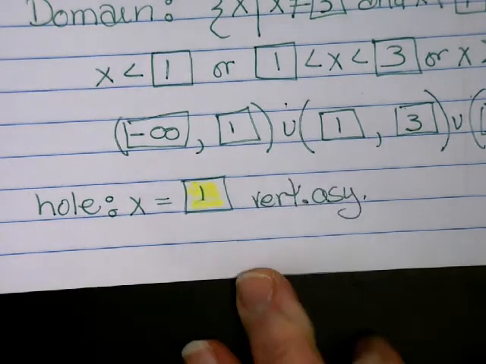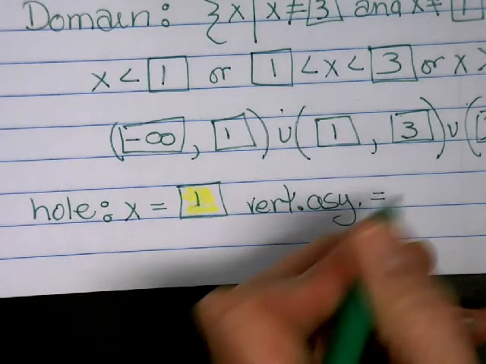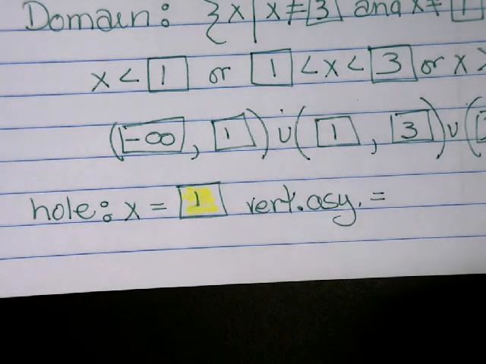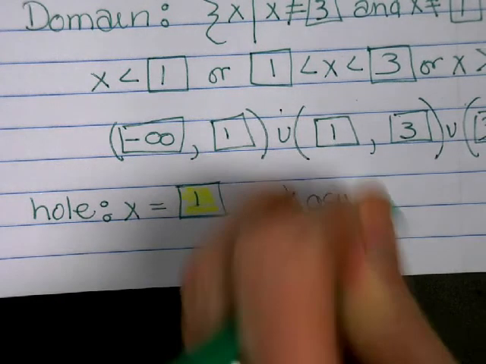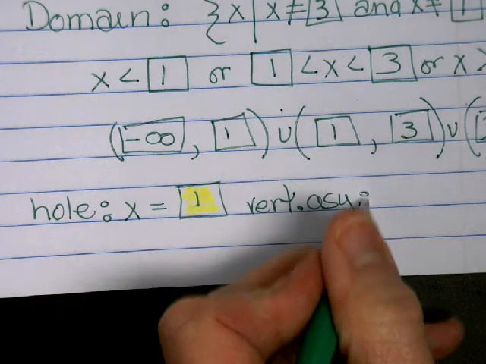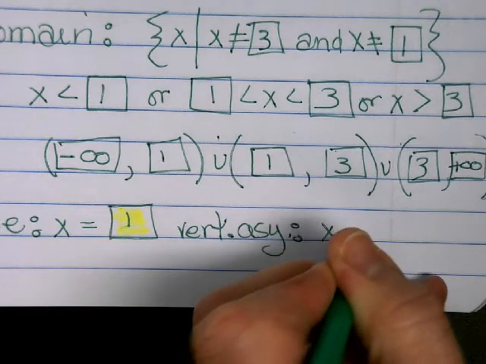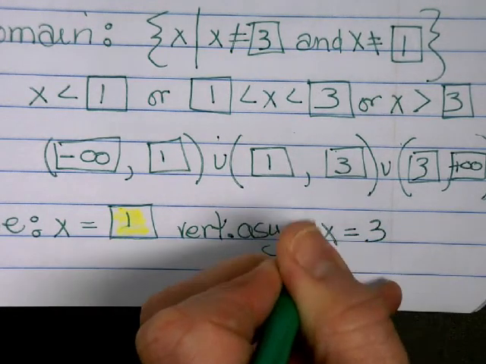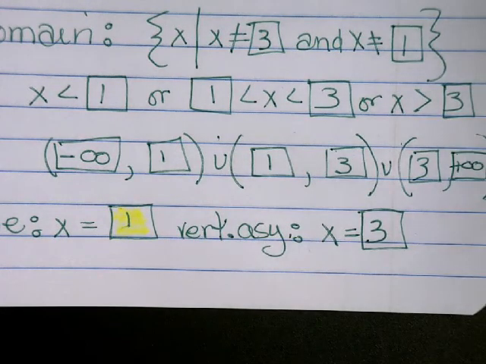And then the vertical asymptote is a line. I want to put a colon because I don't want you to get confused with the equals. x equals 3. That was the one that was alone.